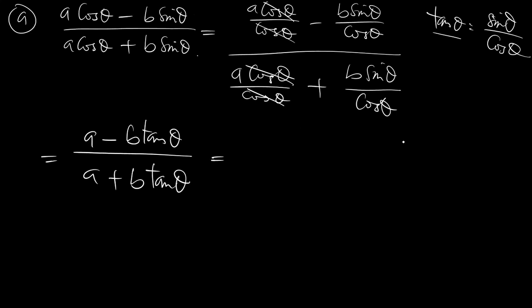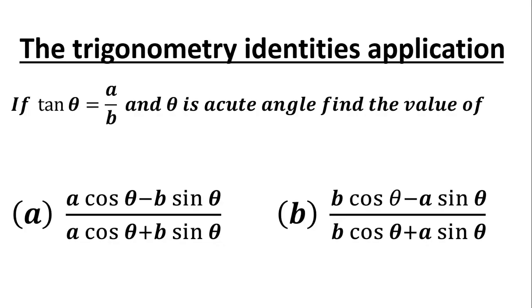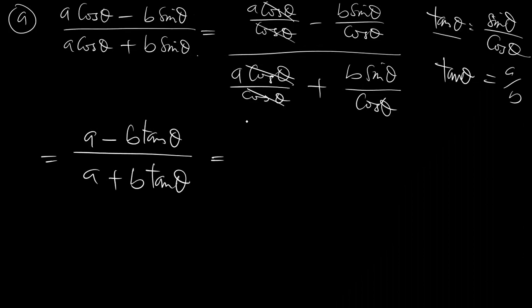Now we know the value of tan theta to be equal to A all over B. That means we will substitute this A all over B into this equation.